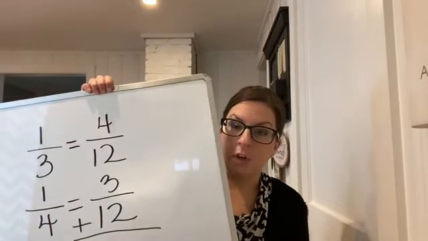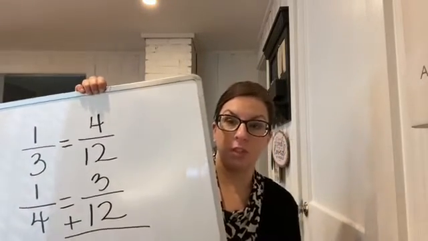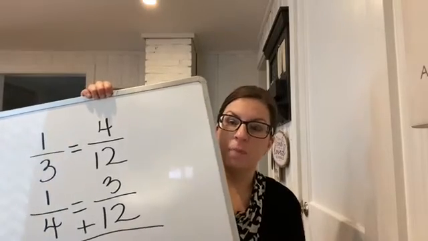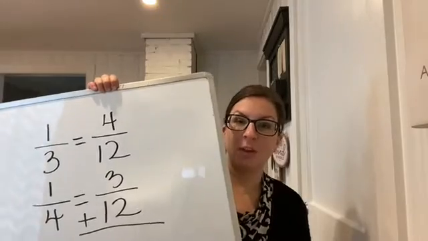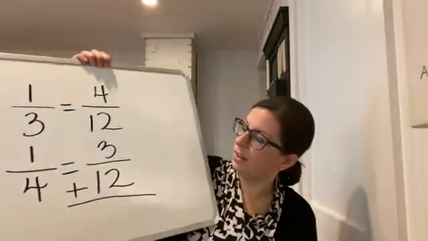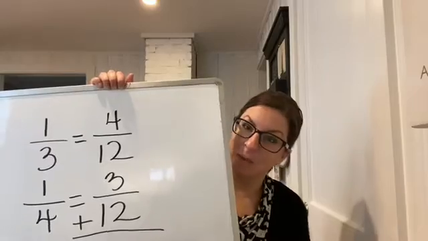But you're going to end up maybe having to reduce the answer at the end. So let's find the least common denominator today, so you make sure that you have the least common denominator.